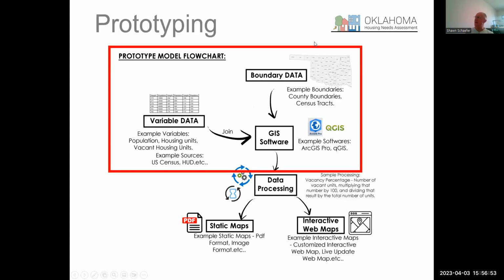The way this fits into our prototype model flowchart, we're still focusing here on the GIS software, but we're using boundary data and variable data to create our queries. So I'm going to change my share here and go over to ArcMap.